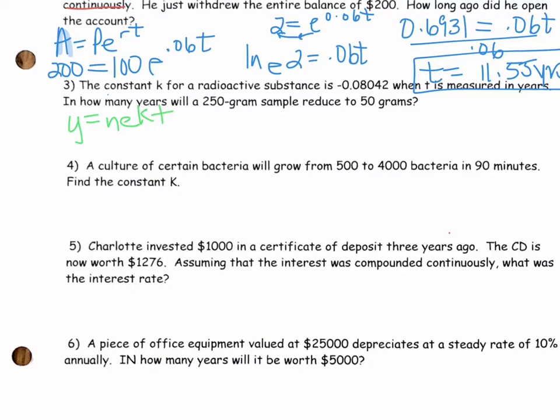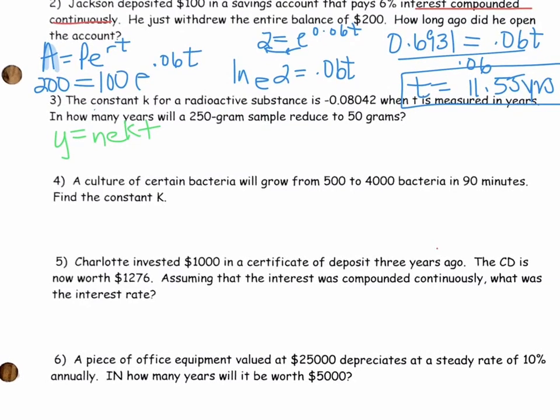Okay, this time it gave you negative for K, and that means it's going to be a decay. So your ending amount should be smaller than your original amount. So the ending amount, the sample will reduce to 50. So we get 50.